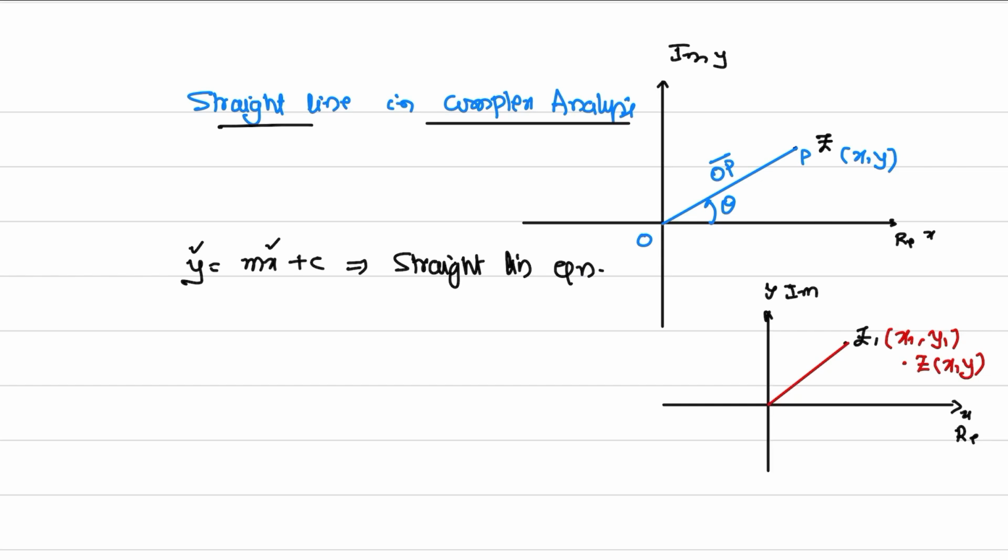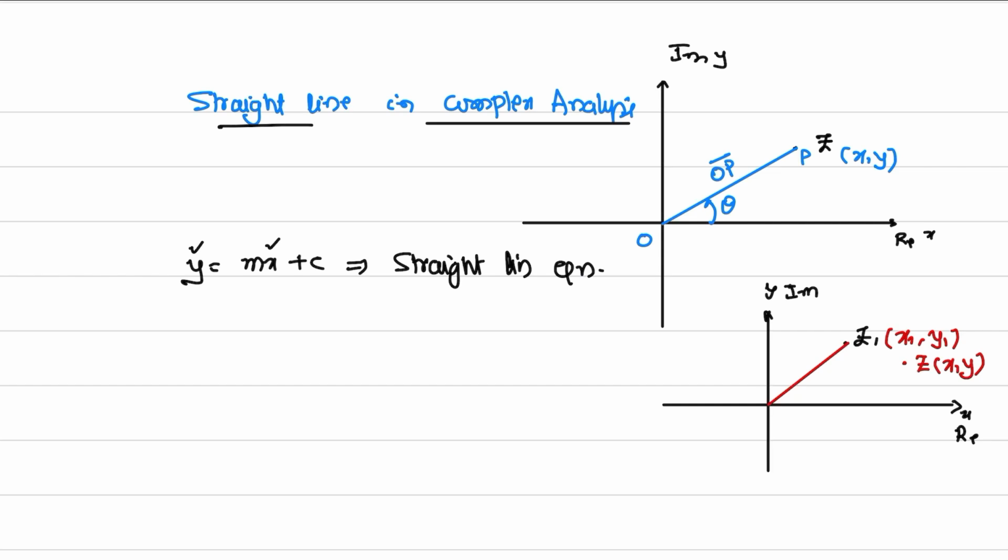That means z and z1 are to be connected in such a way that their locus forms y is equal to mx plus c. I am not going into the details of the derivation of that equation. I am going to write the equation straight away, and let us check whether it forms y is equal to mx plus c or not.